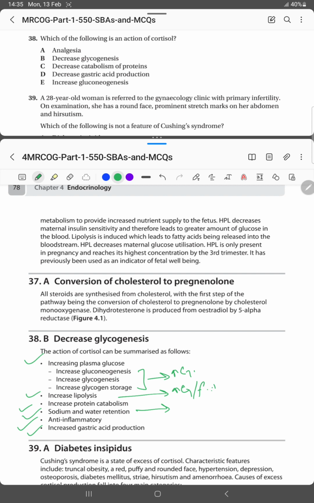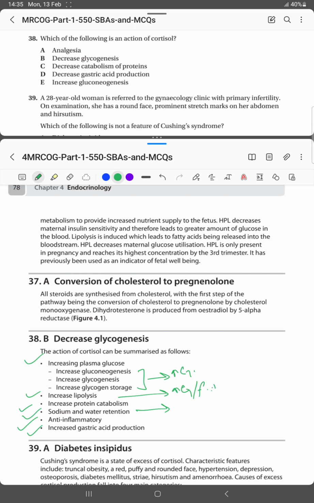Hence, the action of cortisol is not decreased gluconeogenesis, because it has no effect on analgesia. Decreased catabolism of protein? No, they do increase the catabolism of protein. Decreased gastric acid?